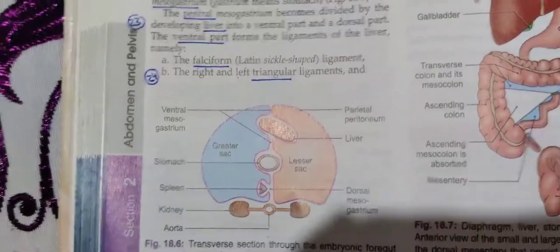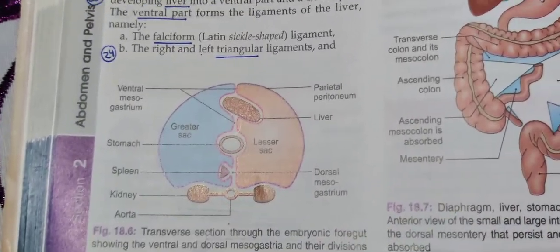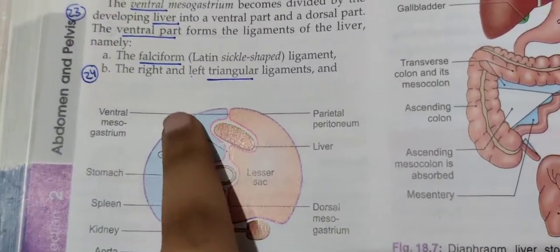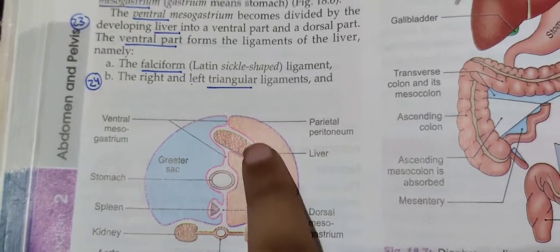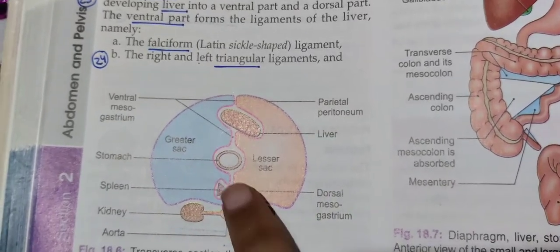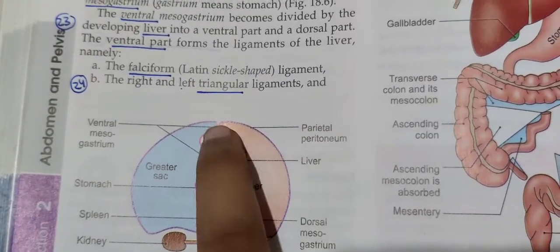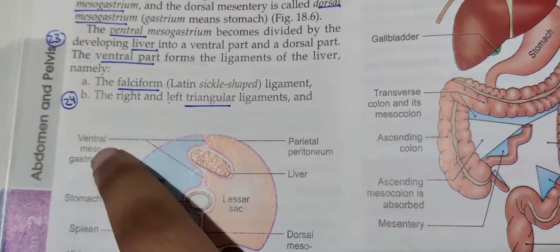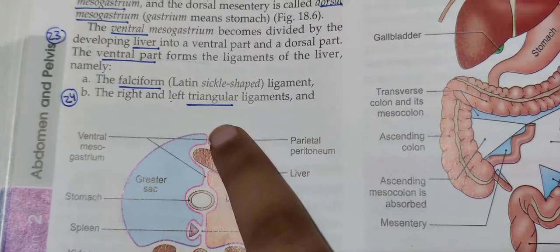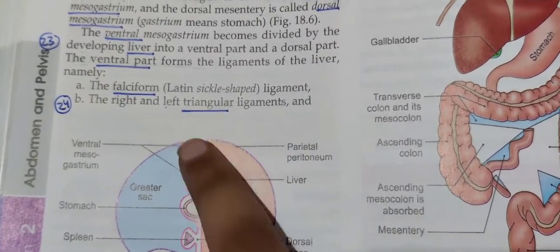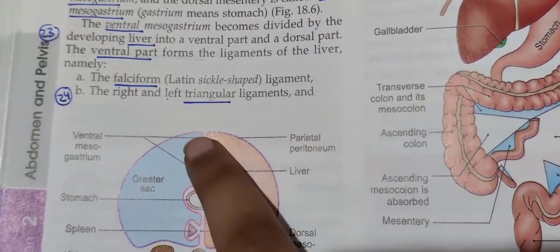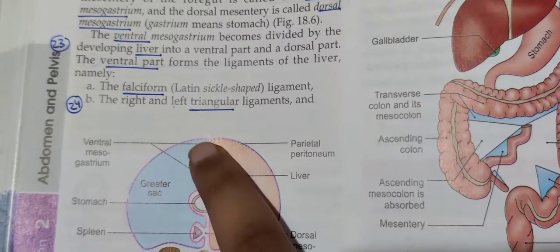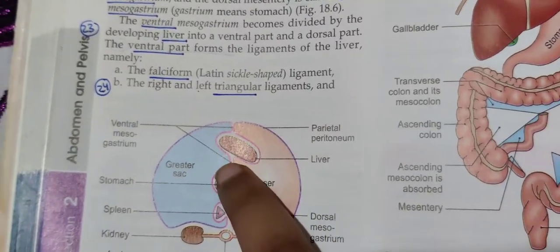During embryonic life, the liver develops in the ventral mesogastrium, and the spleen develops in the dorsal mesogastrium. The liver further divides the ventral mesogastrium into a ventral part and a dorsal part. This ventral part forms various ligaments like the falciform and the triangular ligament, and this dorsal part will form the lesser omentum.